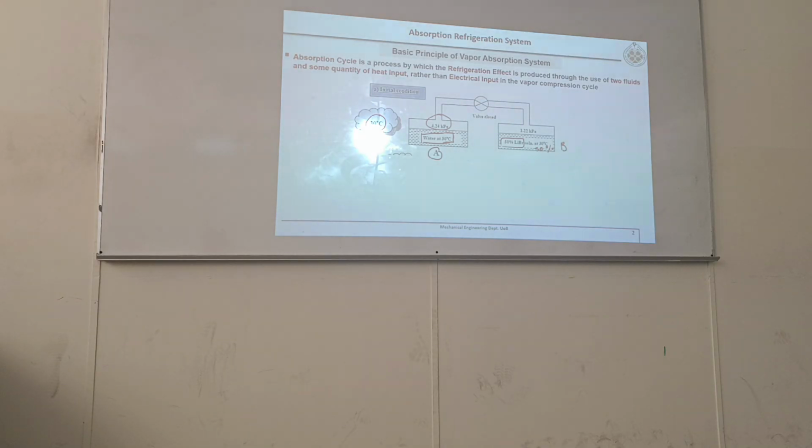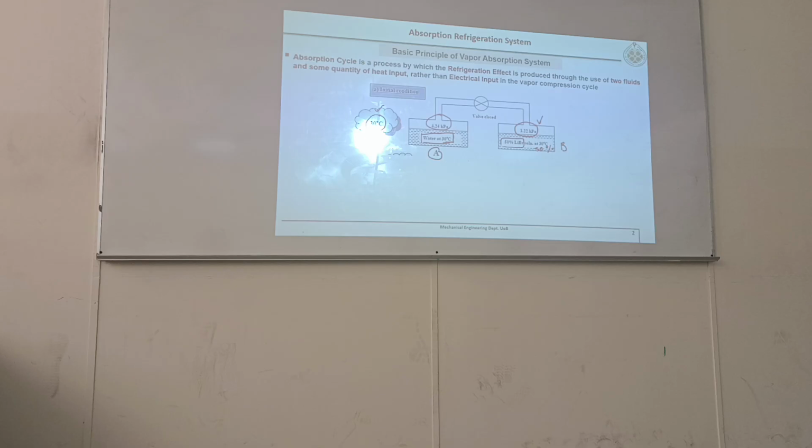So when we have pure water versus water plus some salt solution, at the same temperature, 30 degrees Celsius, you will have less vapor pressure. Lithium bromide is not volatile, it is a solid normally, but when it mixes with water, it becomes a solution. But here at the same 30 degrees Celsius, you will have less pressure because now less water can evaporate.